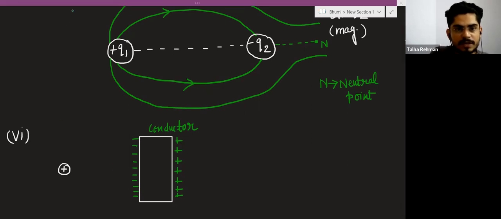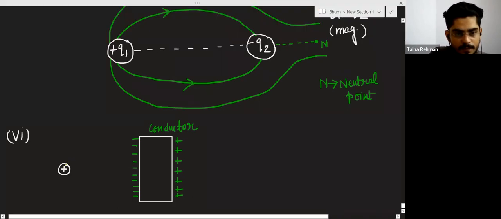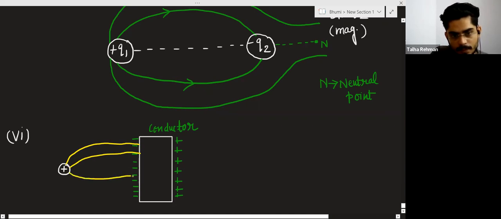So the electric field line will be like this. Like this.